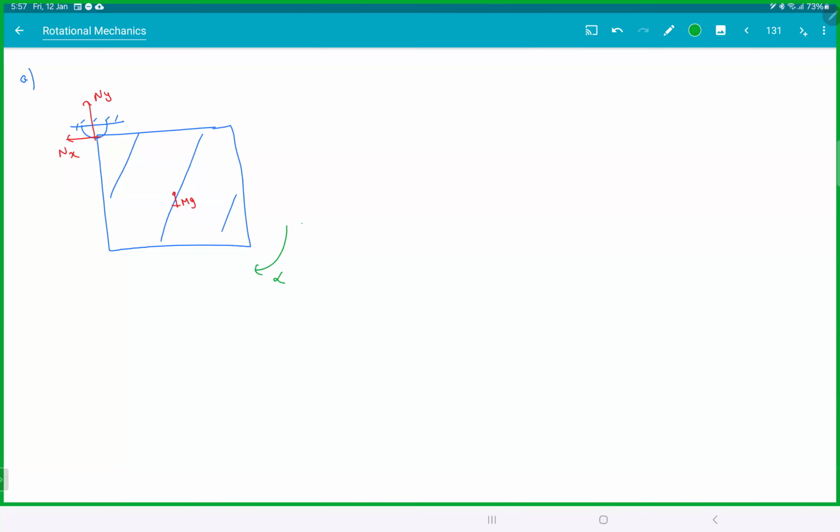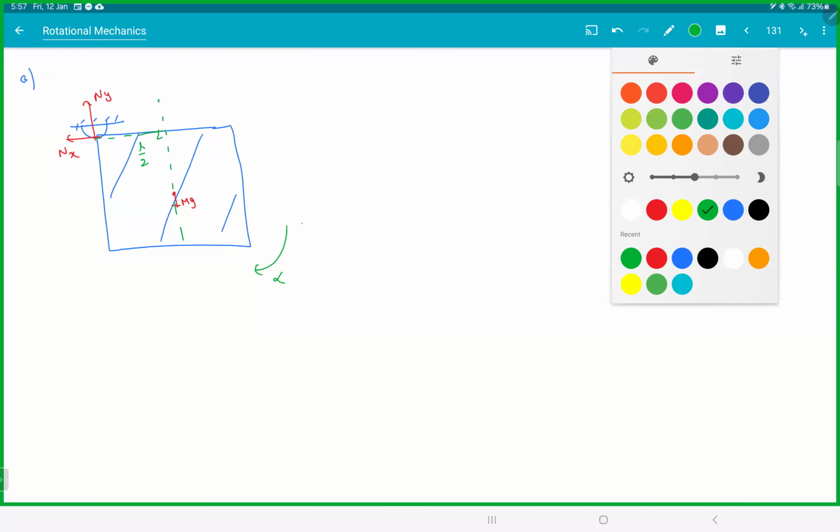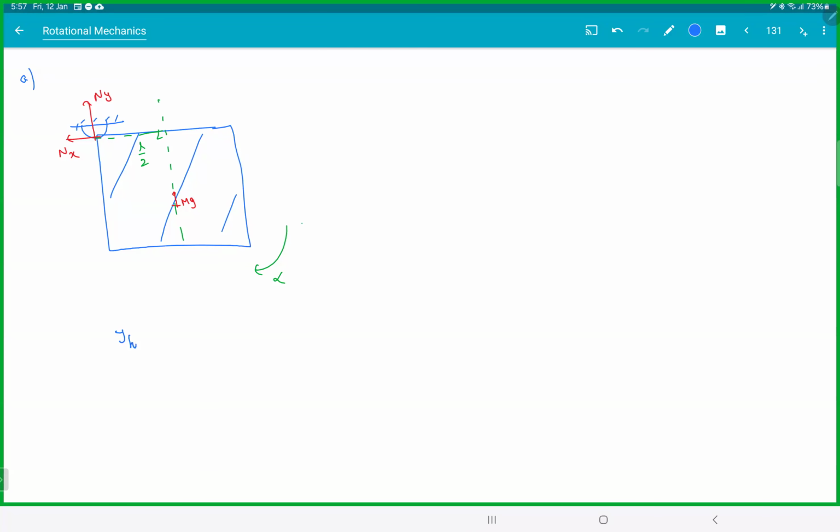So done, the alpha there. Extend the vector, drop the perpendicular. So this would be L by 2. So torque about the hinge will be mg L by 2, and I about the hinge into alpha. So mg L by 2 is equal to, that would be how much? 2 by 3 ml square.